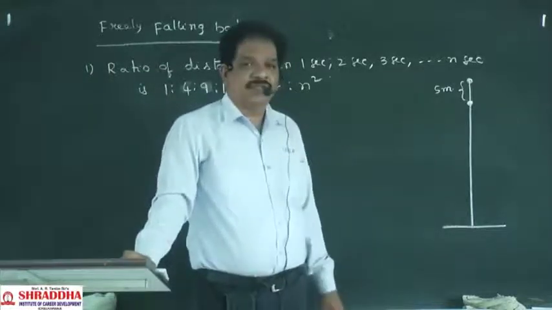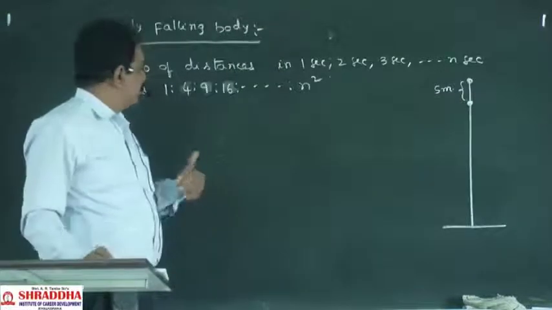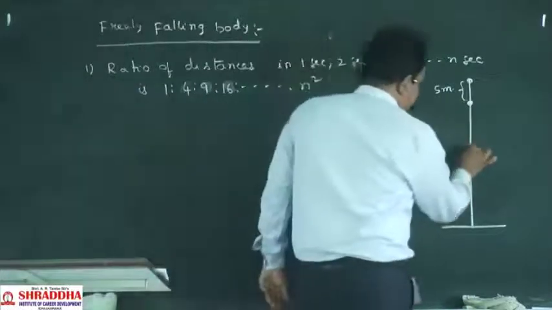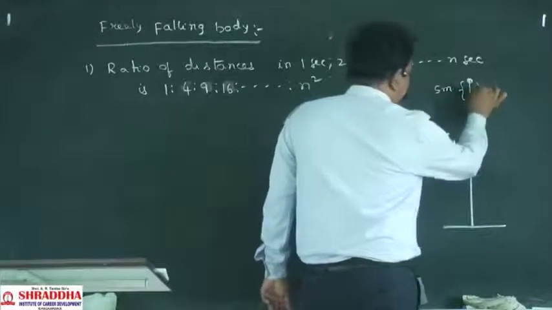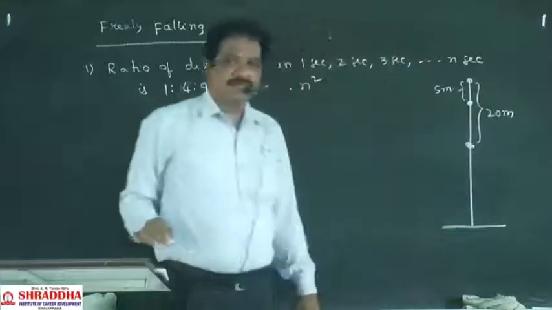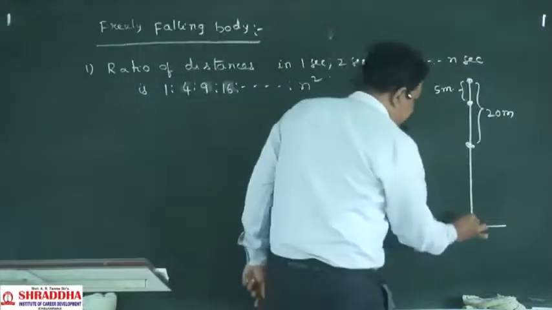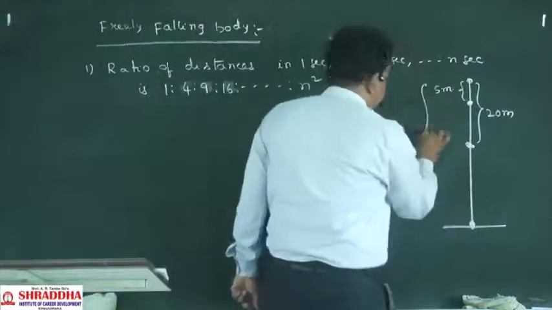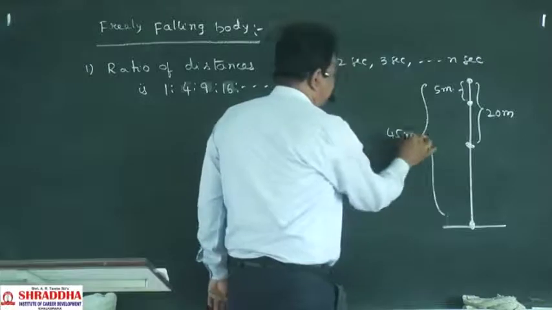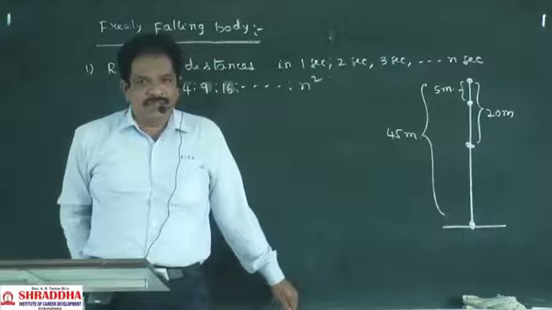How much distance is that? 5 meters. Next, how much in 2 seconds? After 2 seconds, it came to here. This distance will be 4 times of this. Clear? Next, after 3 seconds, finally it came to here. This distance will be 45 meters. Clear?